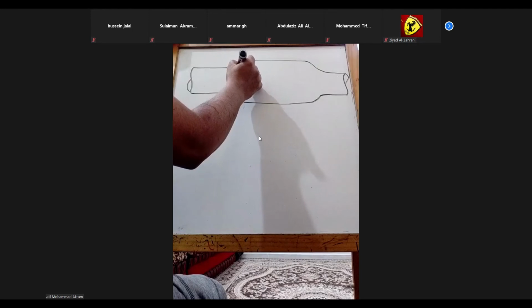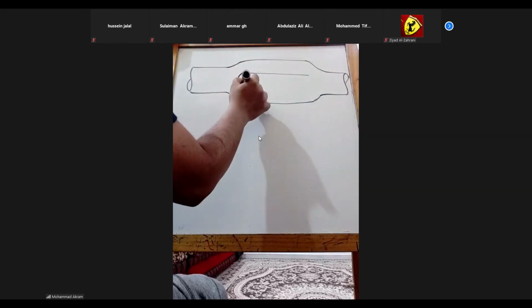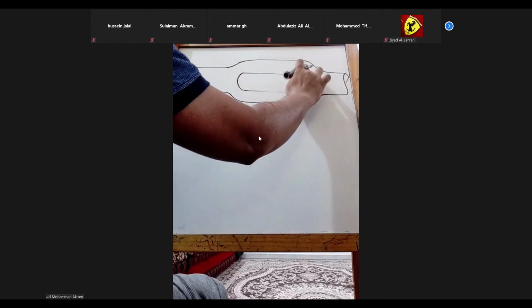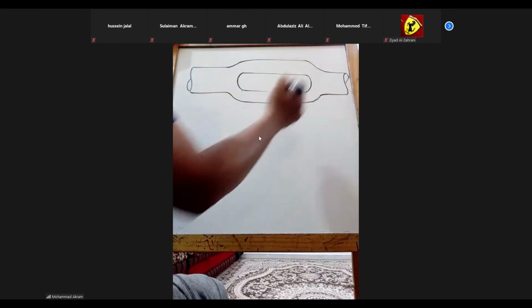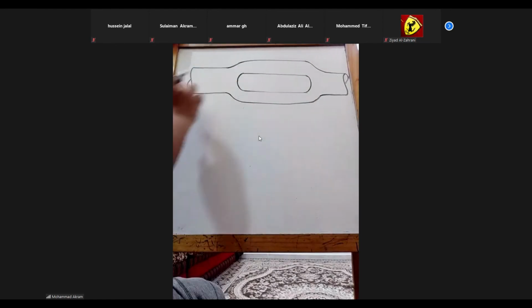One has a larger diameter, and the other one has a smaller diameter. Can you understand this now?